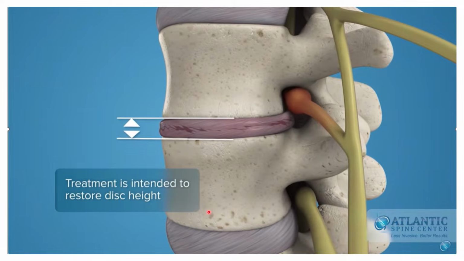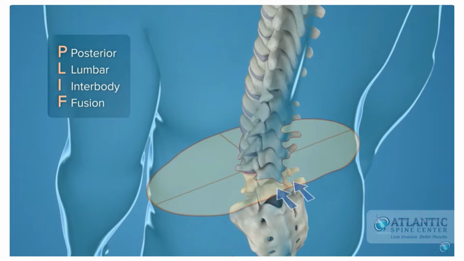Also, if you look at the nerves, the nerves are red here, and that is suggesting that there is some nerve pain. So this patient is probably in pain. So a PLIF interbody fusion technique is going to take place, and essentially it's going to take place in this lumbar region, right? So what do you do?